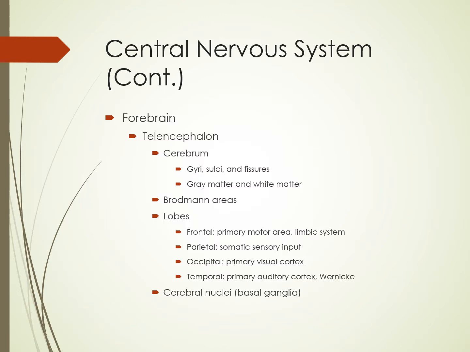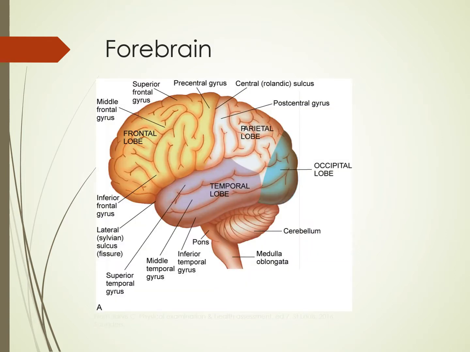The forebrain consists of the telencephalon, cerebrum, gyri, sulci and fissures, gray matter and white matter, Brodmann areas, lobes, cerebral nuclei. And this is the forebrain.